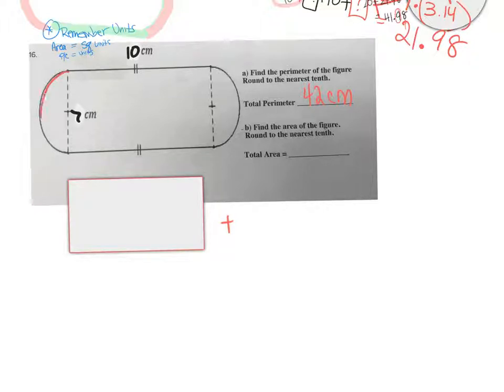Because if you think about it again, this is half a circle, and this is half a circle. So together, I am going to find the area of a full circle. So the area of the full figure is the area of this half circle plus this full rectangle. Area is the space on the inside, like a carpet.